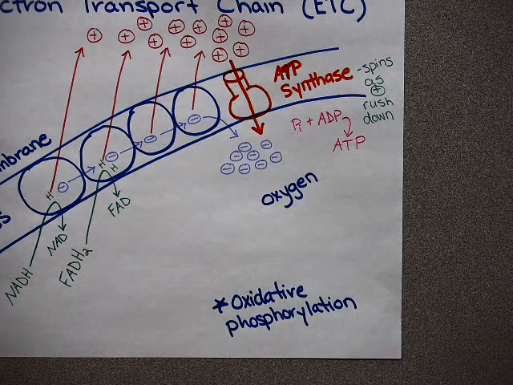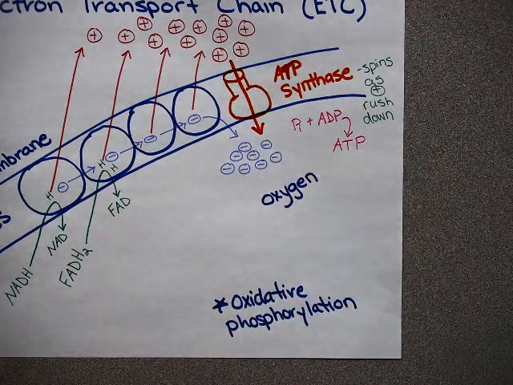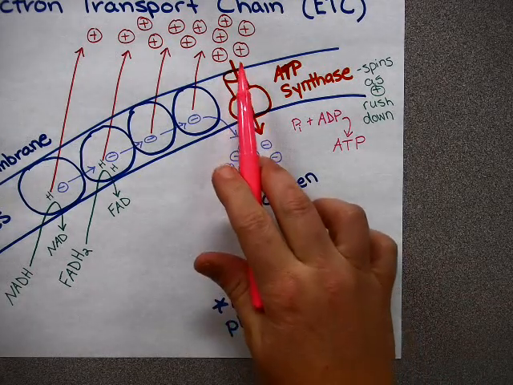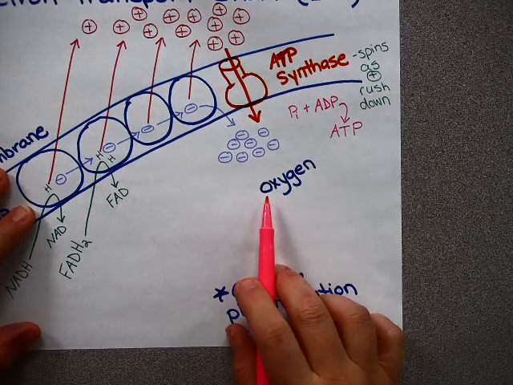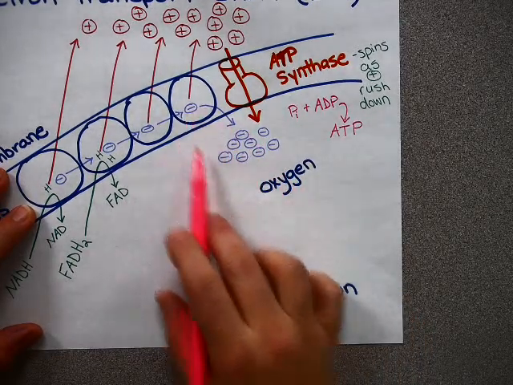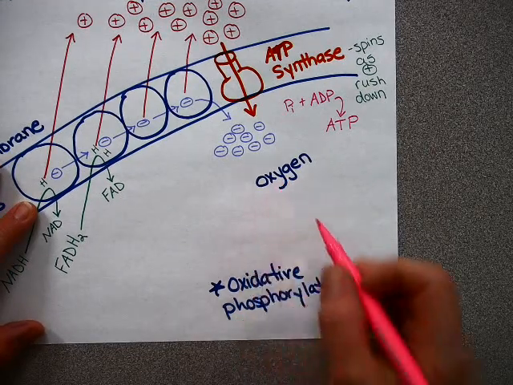Meanwhile, remember we had some waste along the way. We got rid of carbon dioxide, C and O. However, we have some waste now. We have pluses and minuses. We have hydrogens. We have our protons reuniting with their electrons. We have hydrogens left over. We can't just let them sit there. That's not good. So we have one more waste to make. Aha! This is another reason besides oxygen attracting the electrons towards it because it's electronegative.